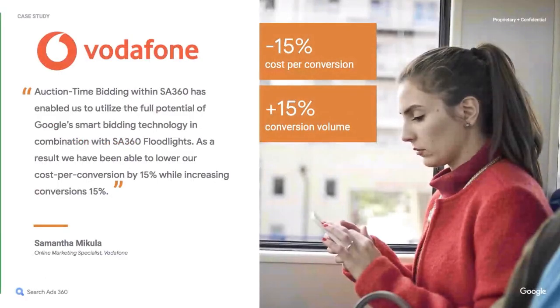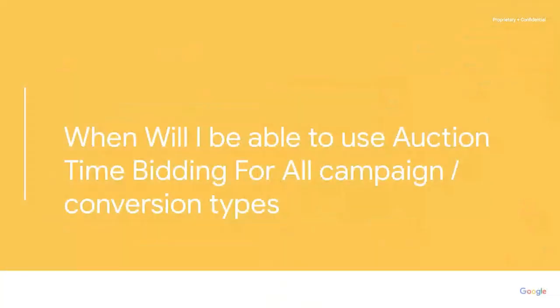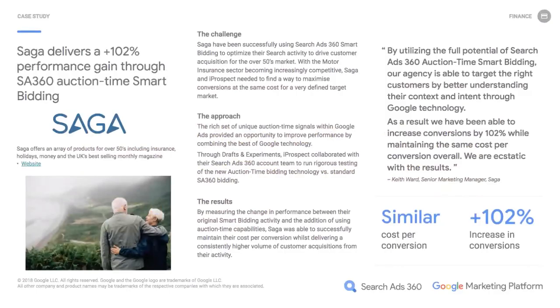Similarly, we have another case study coming from an advertiser called Sega. They're based out of the United Kingdom, and they sell insurance for individuals above 50. They also sell holidays and one of the UK's best monthly magazines as well.